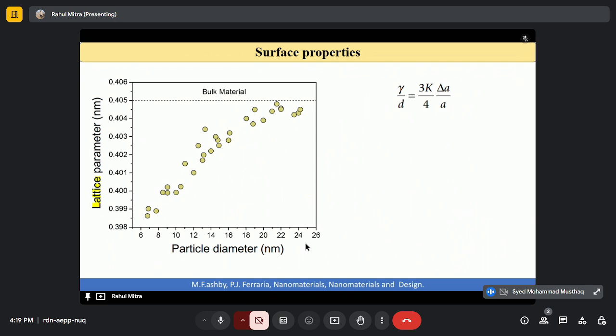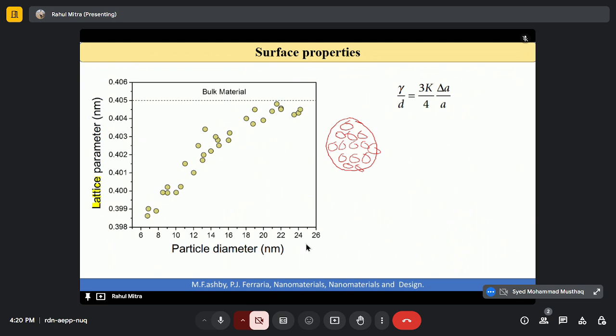Suppose this is my nanoparticle, and inside I have many atoms. How is the lattice parameter going to change?